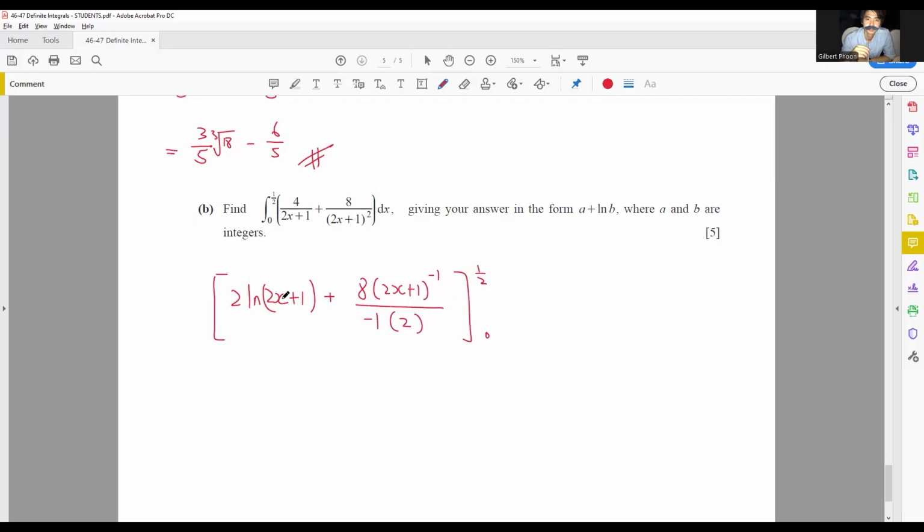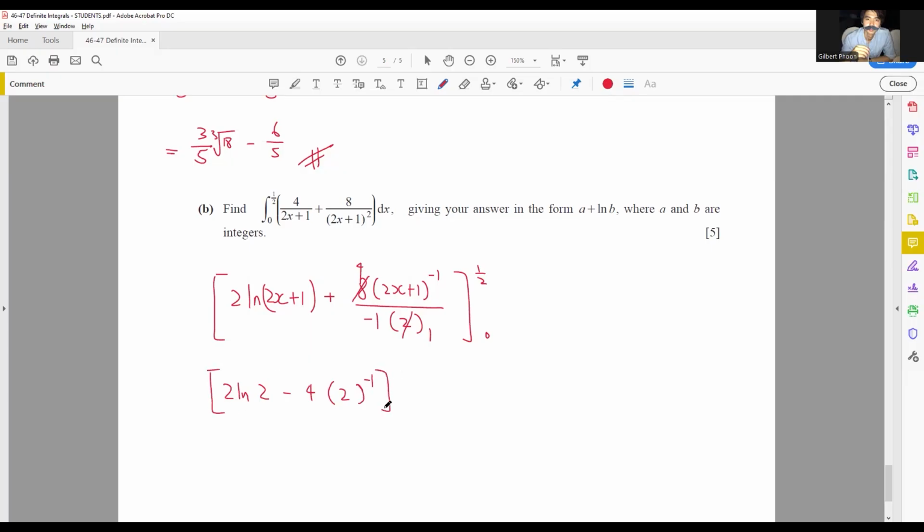Substituting your values in, 2 times ln of 1 plus 1, this will give you 2 ln 2. This one here cancels to become minus 4 times into the half here. You will actually, again, you will get 1 over 2 times 2, that's 1 plus 1, that's 2 here, to the power of negative 1.